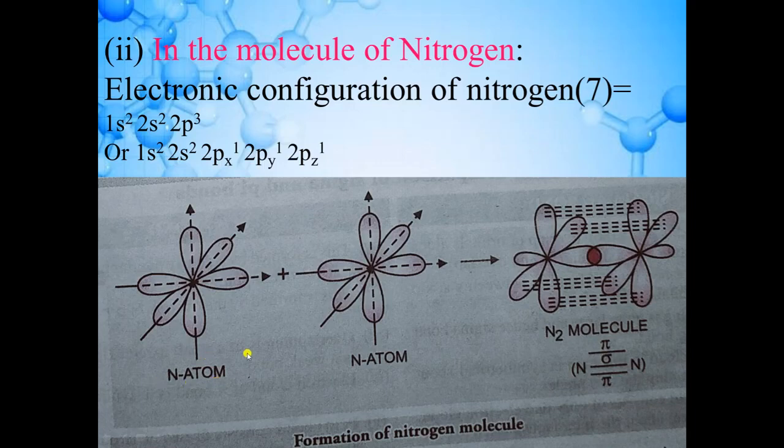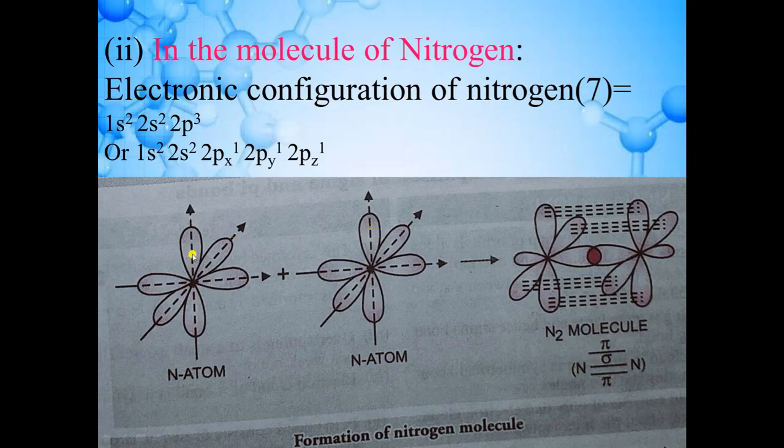Now here there will be overlapping between this orbital and this orbital. And this overlapping is known as end-to-end overlapping. So here you can see that this overlapping is end to end, so it will form a sigma bond, right? Now there will be overlapping between this orbital and this orbital. Remember, the axis should be the same.